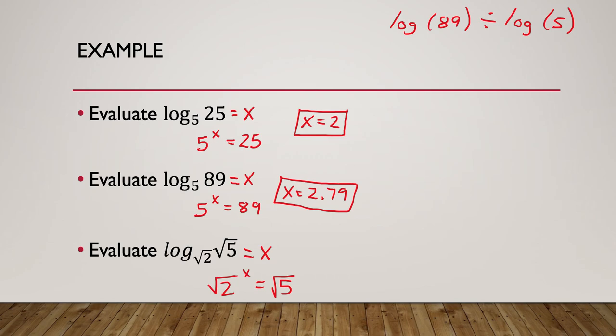Now, obviously, I do not know a power of the square root of 2 that is going to equal the square root of 5, nor can I write both sides of this with the same base. There are no common bases between 2 and 5. So I'm going to do change of base. Remember, step 1 is to put the log on both sides of the equation.